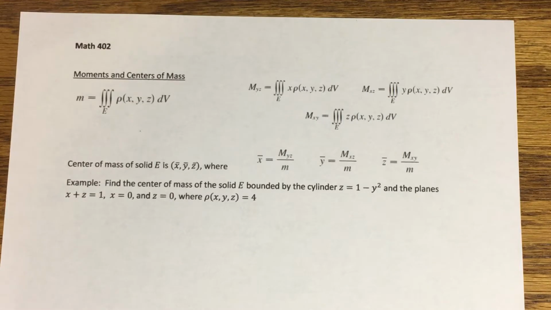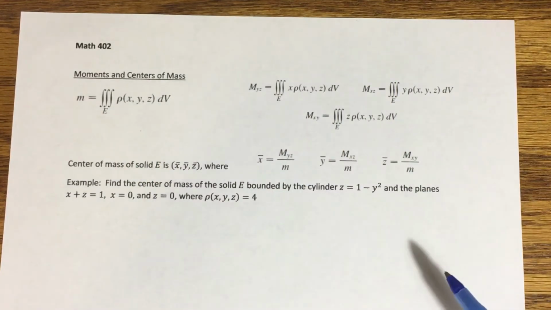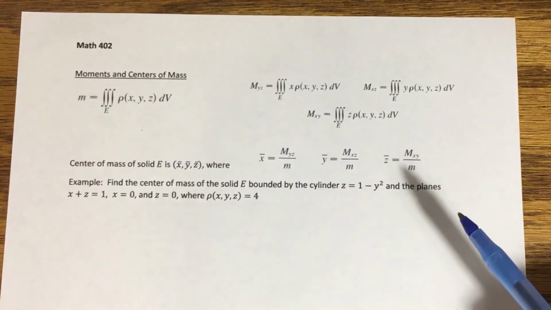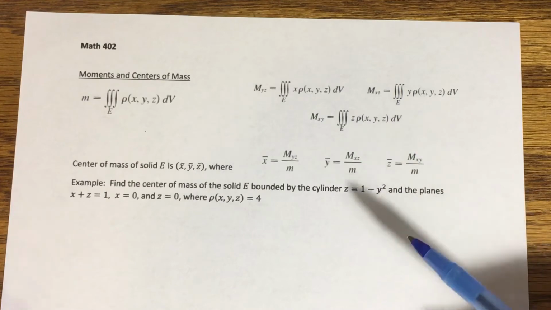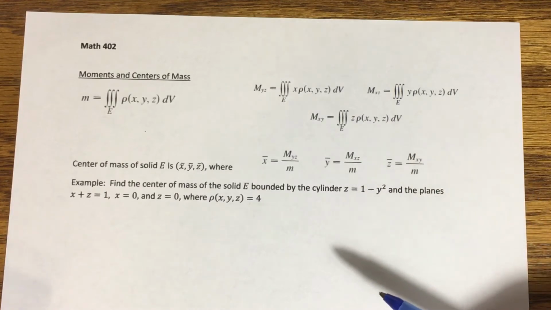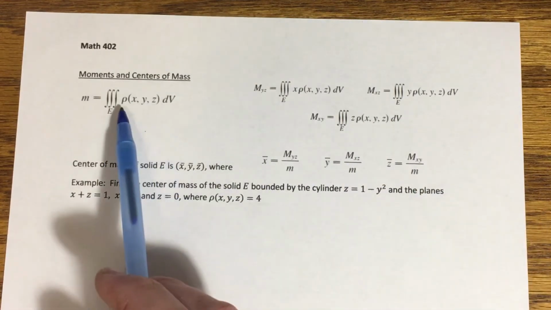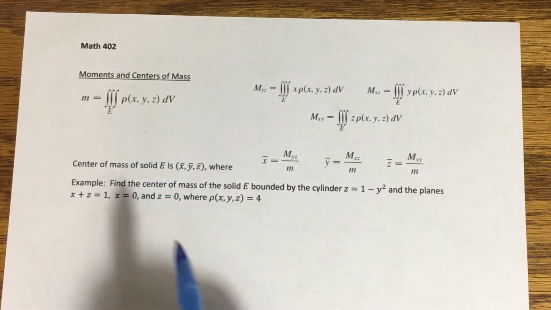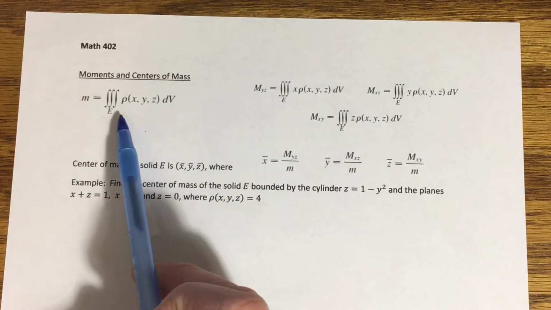But now we want to generalize that to three-dimensional solids, where in these formulas E is the solid that we want to find the center of mass and the total mass for. So by analogy to the definitions for mass and density function in the case of a lamina, we're going to suppose that we have a density function for our solid, rho of x, y, z, and the mass would be just like in the case of a double integral.